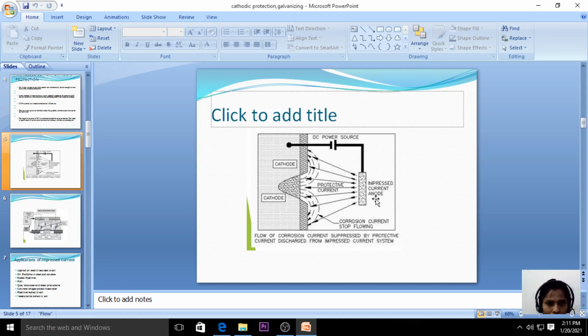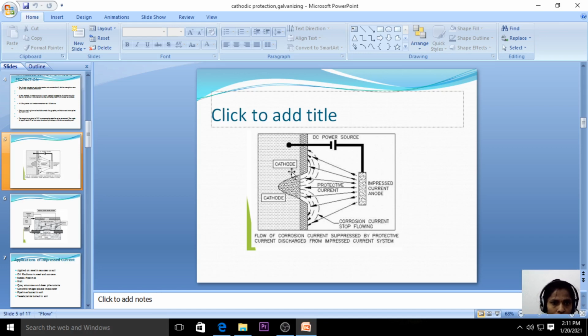We know that this metal undergoes corrosion and this metal is going to be protected from corrosion. But previously, initially, this was the cathode and this was the anode. But what is our aim? We want to convert anode to cathode and cathode to anode.